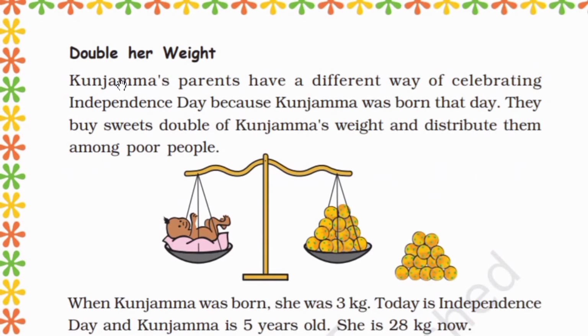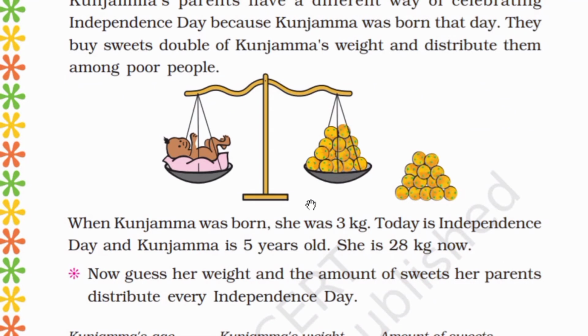Double her weight. Kunjama's parents have a different way of celebrating Independence Day because Kunjama was born that day. They buy sweets double of Kunjama's weight and distribute them among poor people. Here you can see, when Kunjama was born, she was 3 kilograms.